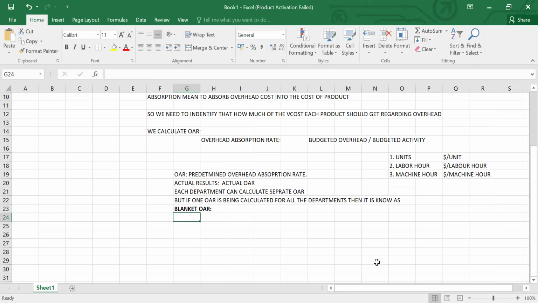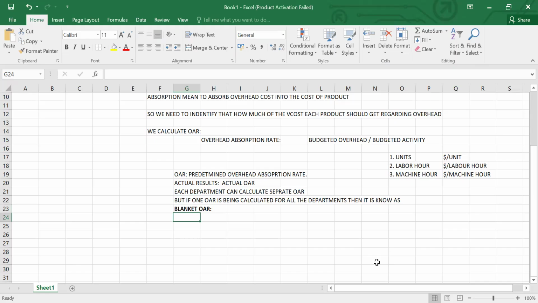So what is blanket OAR? Blanket OAR is when all the production departments are using one single OAR. It will not change from department to department. It is the same as OAR. The name is only different.